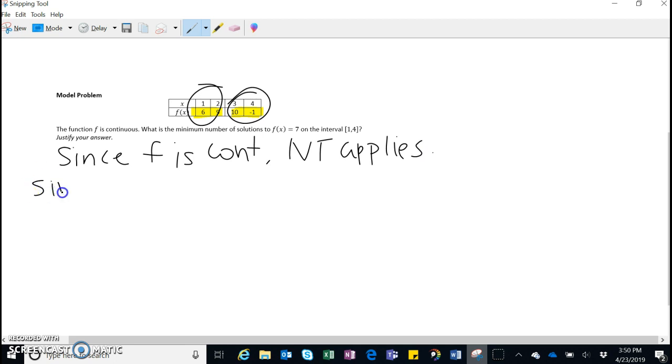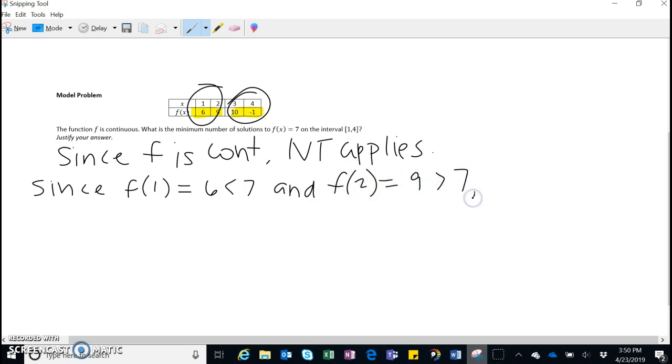So since f of 1 is 6, and that's less than 7, and f of 2 is 9, which is greater than 7, that means f of x must equal 7 on the window 1 to 2. I'm just showing that one endpoint is less than 7, the other is greater than 7, so of course the function equals 7 somewhere between those 2 points.